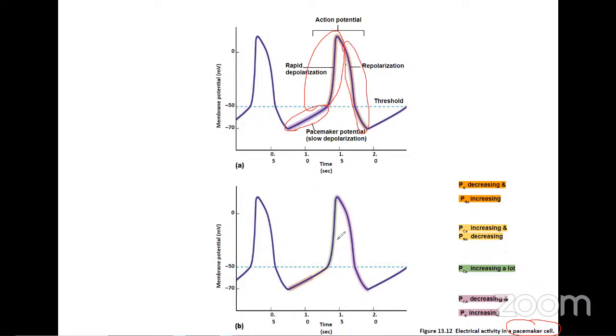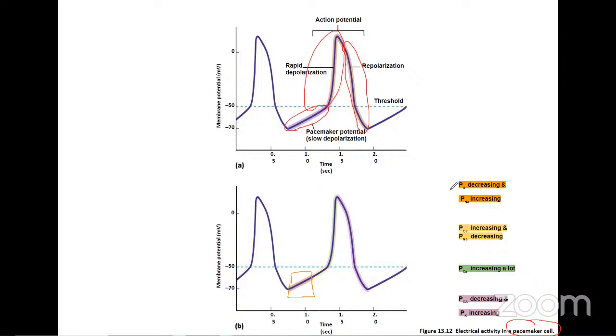Okay. Now, these are due to ion movements as before. So we're just going to pair those up. So this first part of that slow depolarization is happening because we have increases in the permeability to sodium, which comes into cells, a positive ion, so it depolarizes.